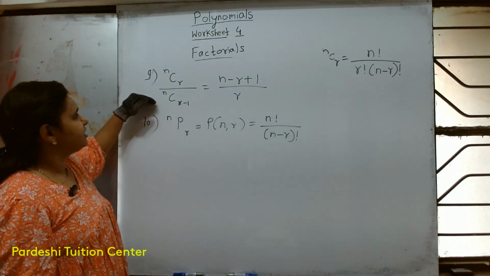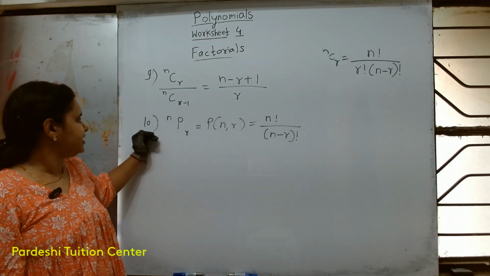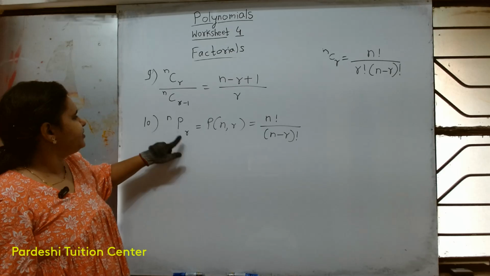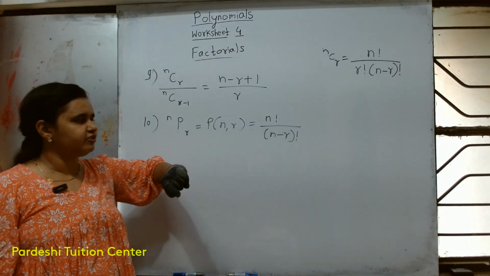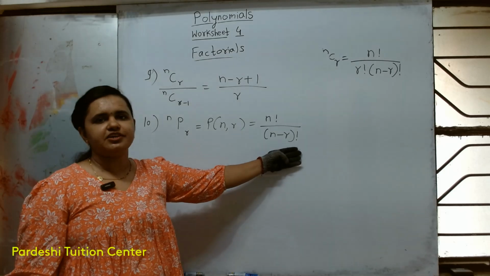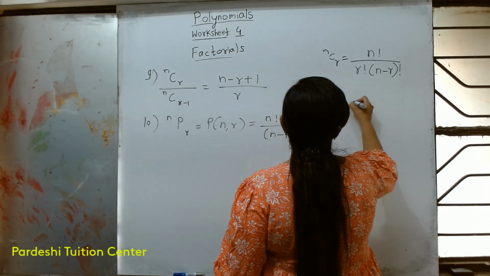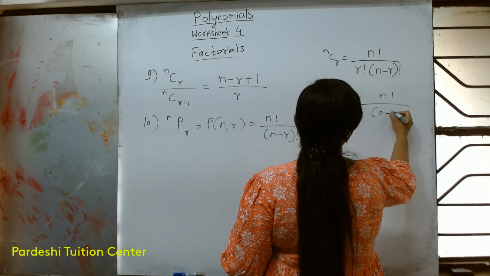Up to the 9th we have seen the formulas for combination, and now from 10 we are seeing the formulas for permutation. So it is the basic formula, I can write it here: nPr equals n factorial upon (n minus r) factorial.